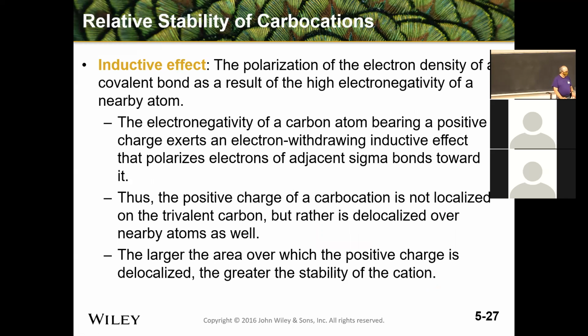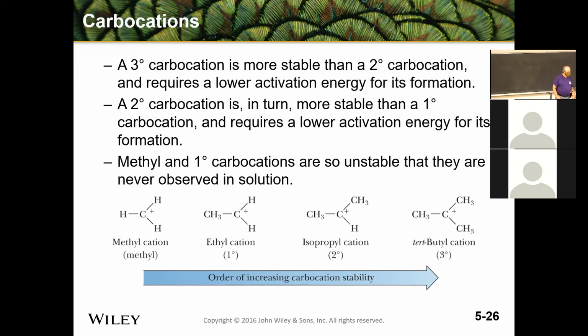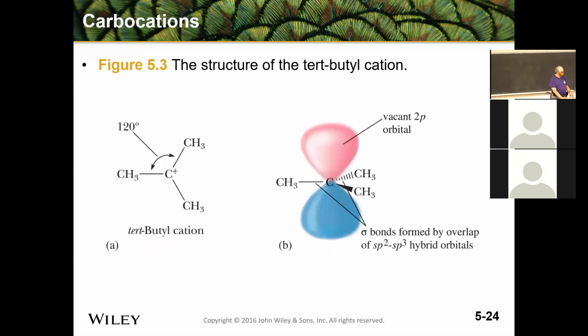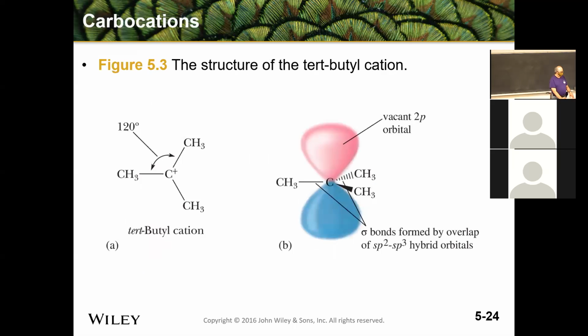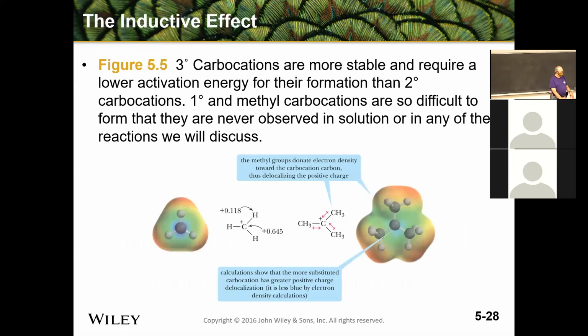Okay, the explanation here is, there's actually two reasons. One is the inductive effect. Let me back up here. Okay, here's the inductive effect.